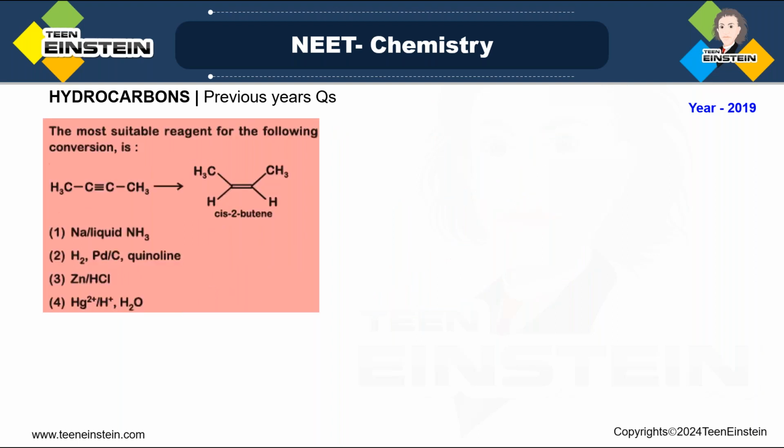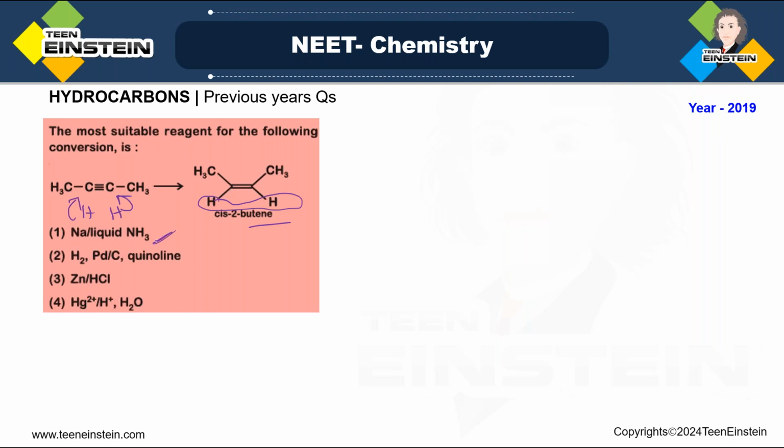The most suitable reagent for the following conversion. Here we have an internal alkyne and the final product is cis-2-butene. When it is hydrogen addition, you are adding hydrogen from the same side. When it is same side addition of hydrogen, you get cis-2-butene. A specific reagent you have to use.